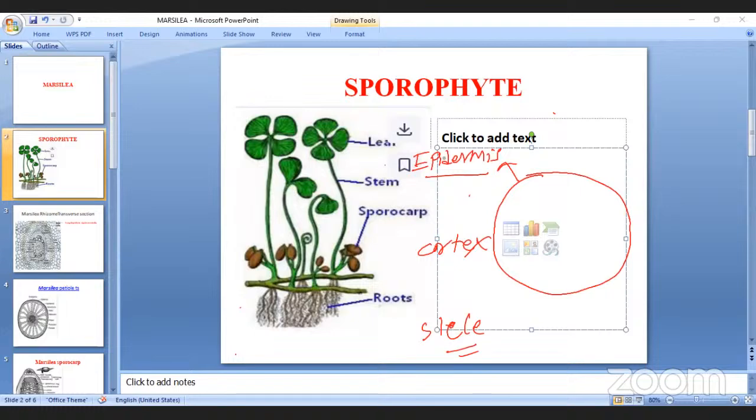Next, cortex. The cortex is classified into three regions: outer cortex, middle cortex, and inner cortex.